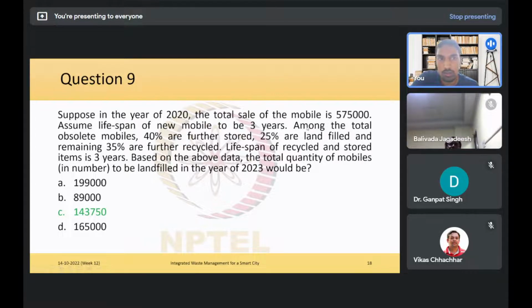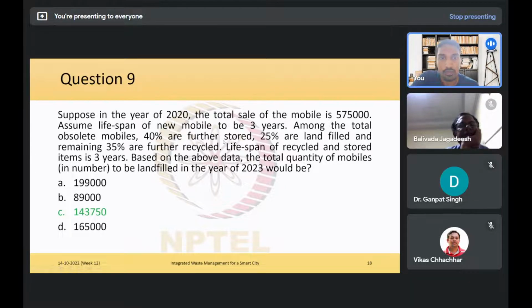We are also told that among the total obsolete mobiles, 40% will be stored, right? Nothing will be done to that; it will just be kept in storage. The 25% will be sent to landfill, so they will be disposed, and the rest 35% will go for recycling.